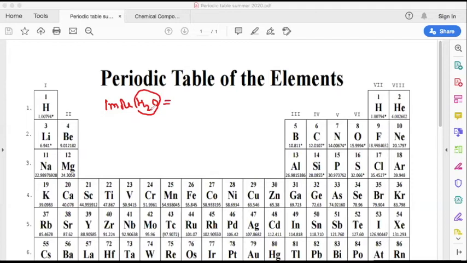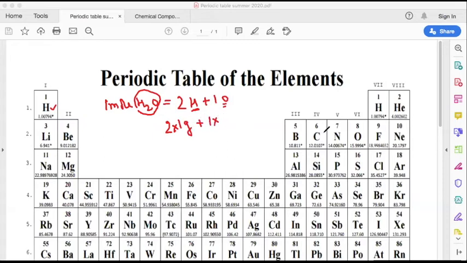So how to get the molecular mass? I have 2 hydrogen atoms in here plus 1 oxygen atom. So you can calculate like this: 2, and each hydrogen atom is how many grams? It is around 1 gram, you can say, plus 1 time, you have 1 oxygen.